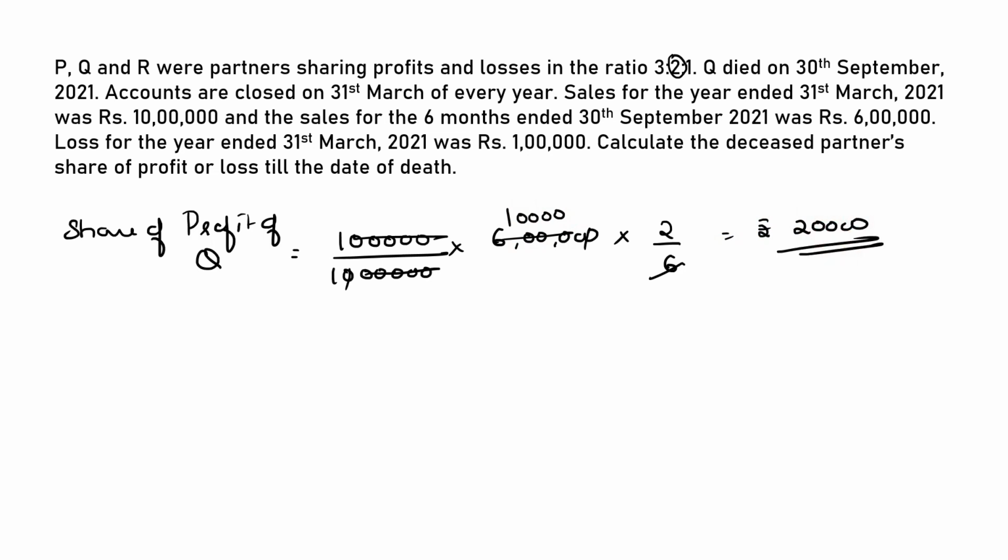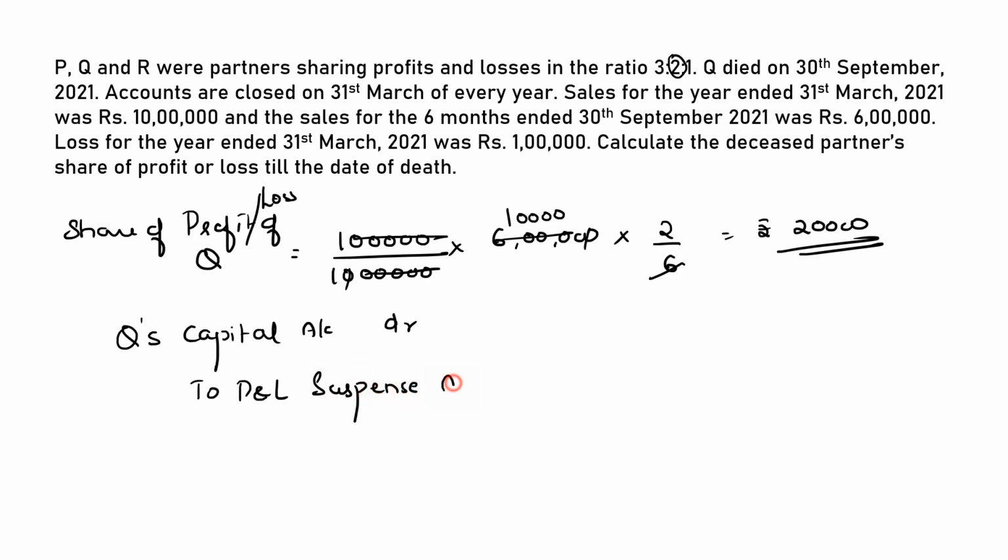Now for this, when we pass an entry, this is a share of loss in this case, because the previous year also was a loss. So what will we do? We will debit Q's capital account and credit profit and loss suspense account, 20,000.